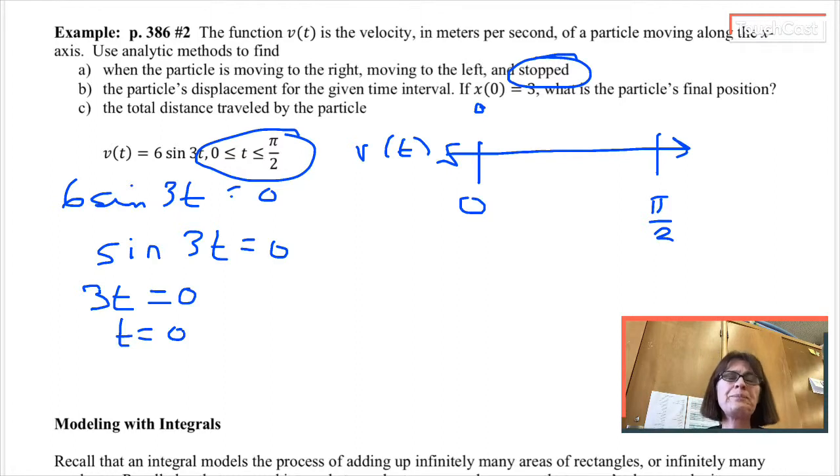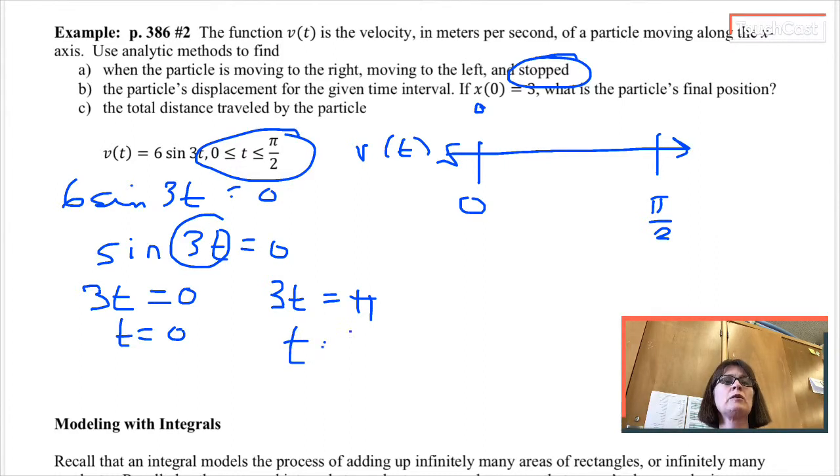That's our other endpoint. So what other angle could I find the sine of and have the result be 0? Well, that's going to be pi. The sine of pi is 0. So it could be that 3t equals pi, because then, if I replace this 3t with pi, I'll be taking the sine of pi, which is 0. So in this case, t is pi over 3.